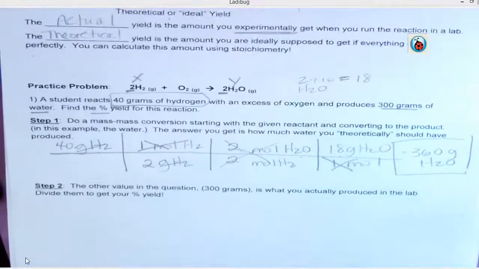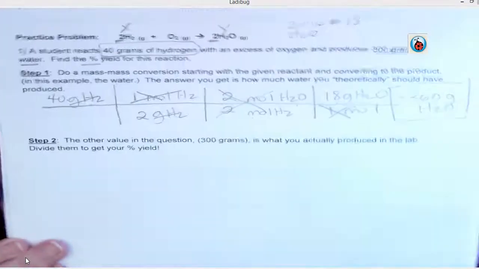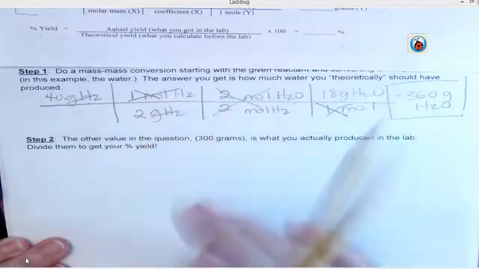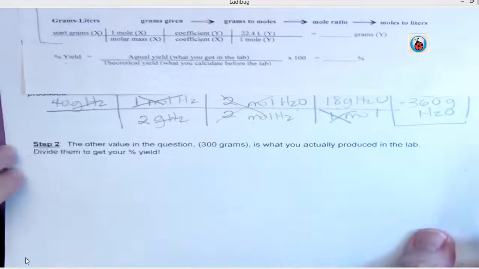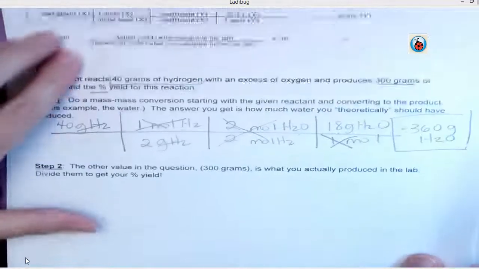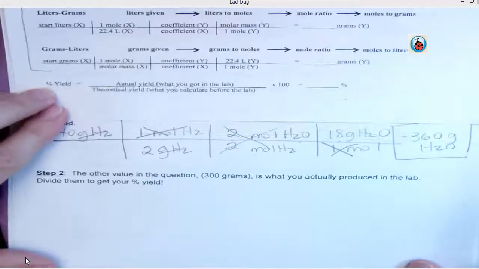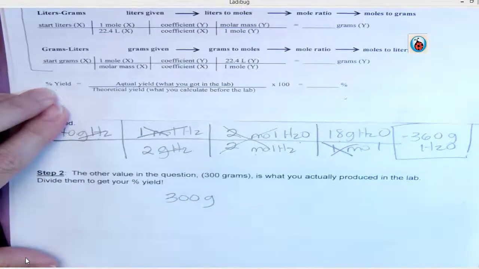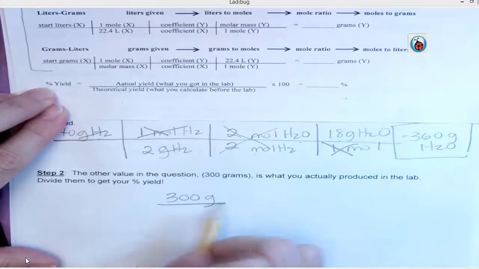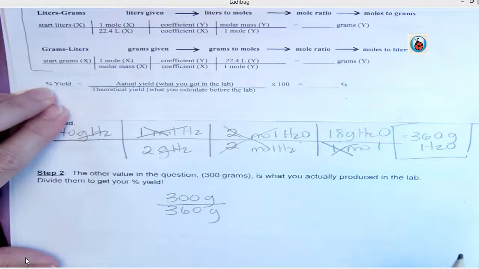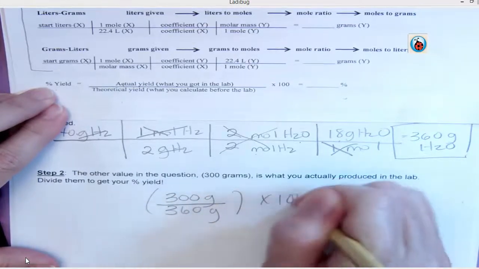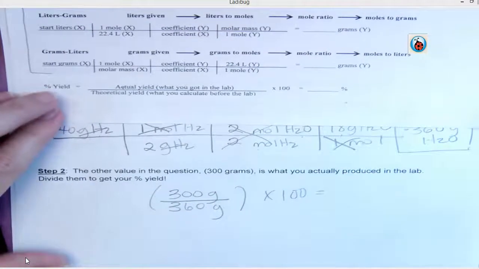Okay, let's go back to here. We're going to calculate that percent yield, and it says right here we're going to take the actual yield from the lab, and we know back here that this student got 300 grams of water in their lab. Theoretically, the student should have gotten 360. All right, so we're going to do a division problem, then multiply by 100 because this is a percent.